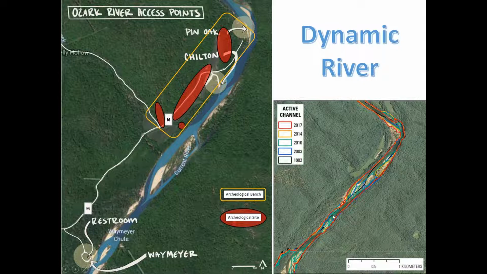Right around here, it's very dynamic, and then it gets more stable right here. Over time, this gravel bar that you see in the picture on the left down here at the bottom has actually moved over to the right and down. So there used to be a gravel bar there, and it's no longer there. And that's the challenge that we're trying to solve.